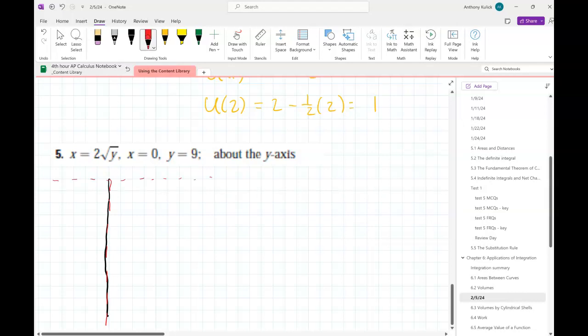So that's 9, 8, 7, 6, 5, 4, 3, 2, 1, 0. Everybody's okay with me cheating there? Felt easier than rewriting it. So I have that, and then I need the curve x equals 2 square root y.